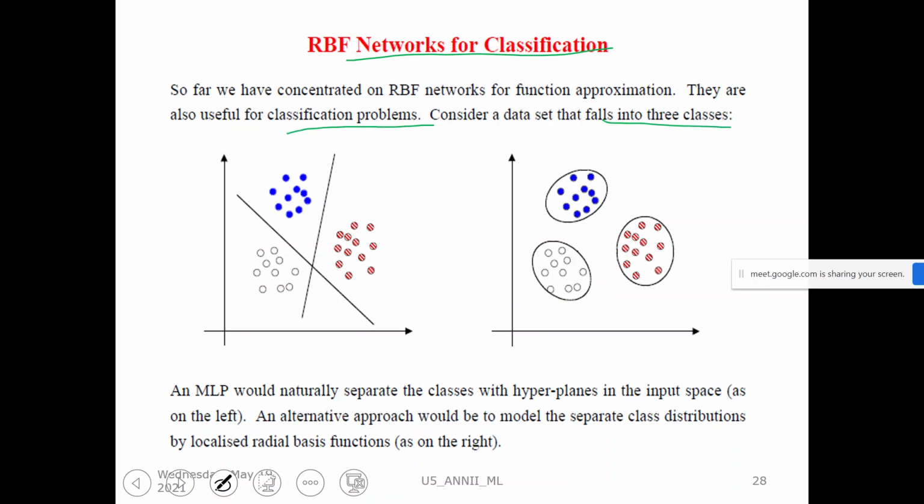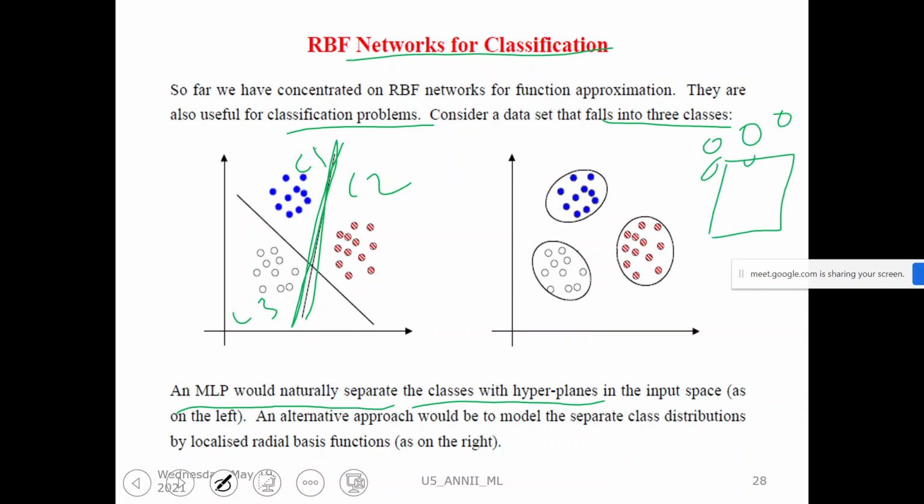Consider a data set that falls into three classes: class 1, class 2, and class 3. MLP would naturally separate these classes with hyperplanes. Hyperplane means with the help of some plane, something like this. Above this there will be one class, maybe below this there will be another class. Like that we will have different hyperplanes.